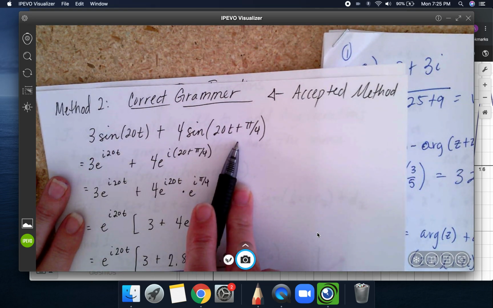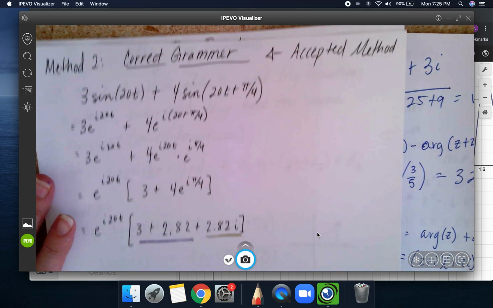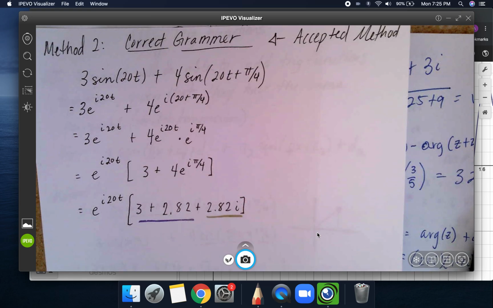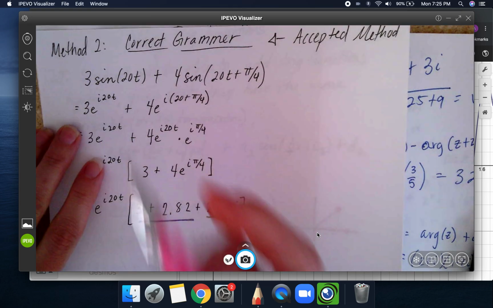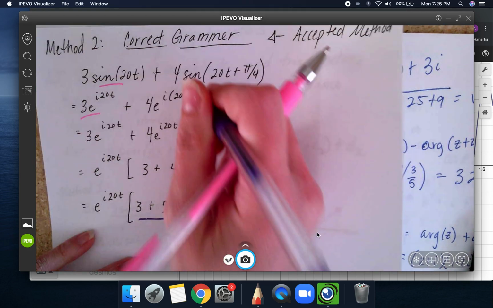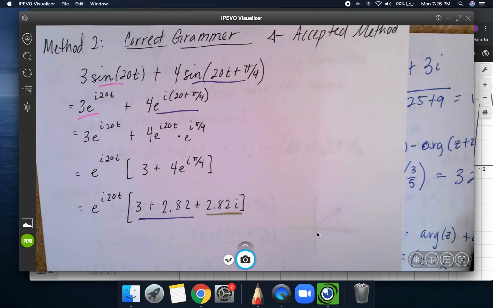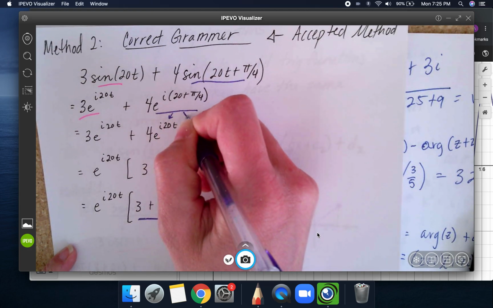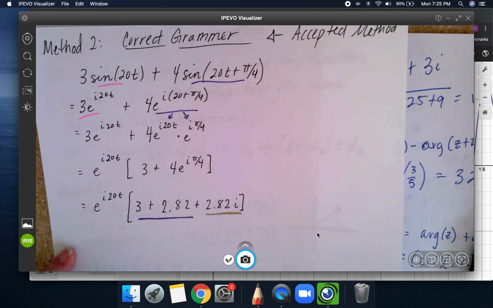So we have our two functions, just like we did before, and instead of breaking them down into cis or rectangular at this point, we're going to put them into Euler. So this guy and that guy go together, and this guy and this guy go together. And what I had you do in the last homework was, on faith, because you trust me, break this up into these two components, right?